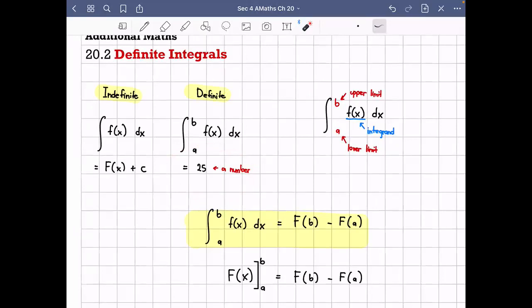And then you will see two numbers here. So what are those two numbers? Let's look here. Those two numbers are your lower and then your upper limit. For definite integrals, there's this term called limits.